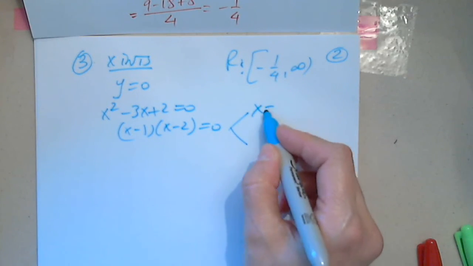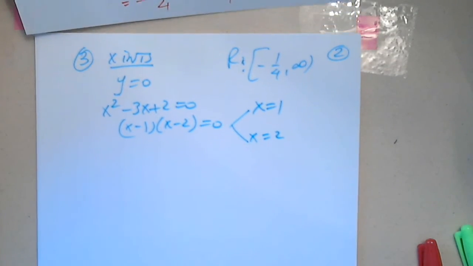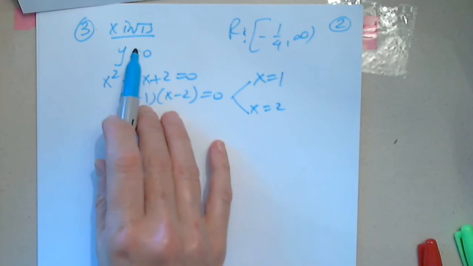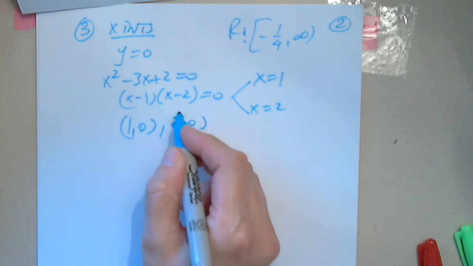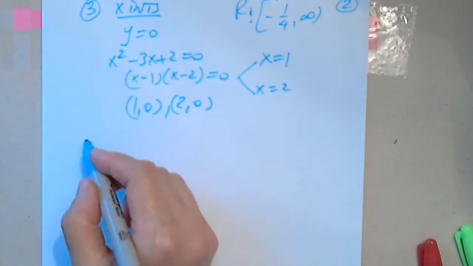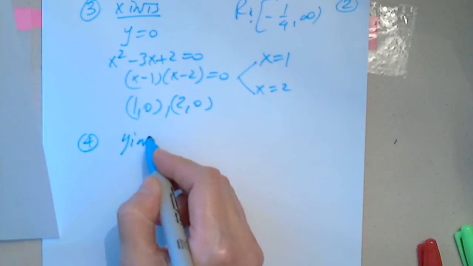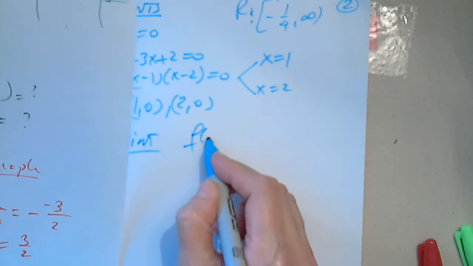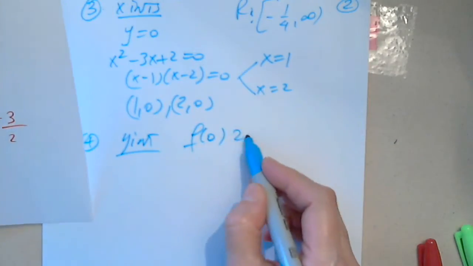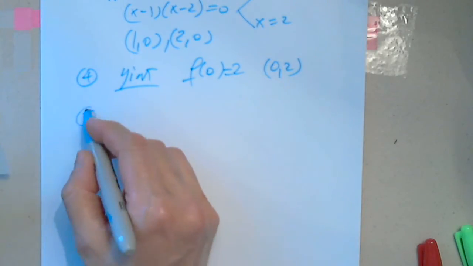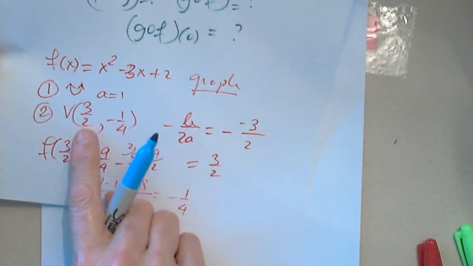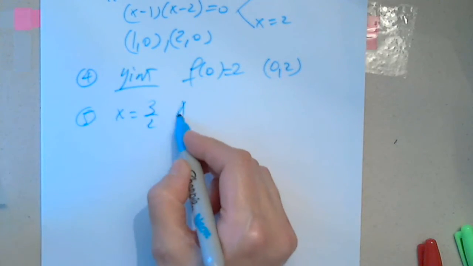And we get two options, 1 and 2. So we have a point 1 comma 0 and a point 2 comma 0. And then 4 is the y-intercept when x is 0, 2. So 0 comma 2. And then the axis of symmetry, x equals 3/2 is the axis of symmetry.